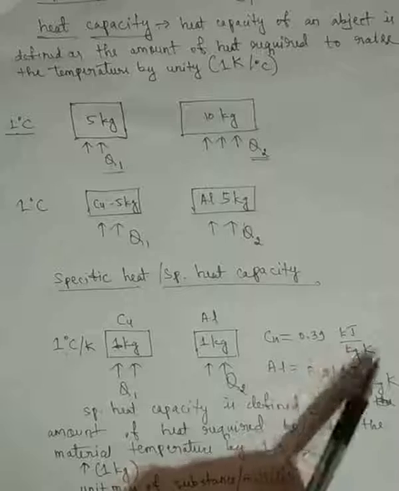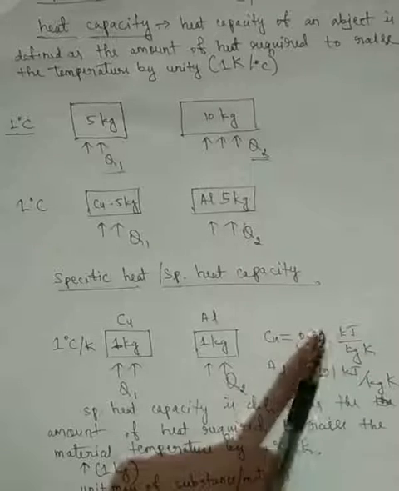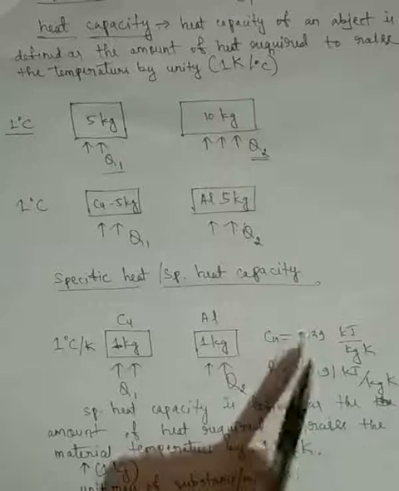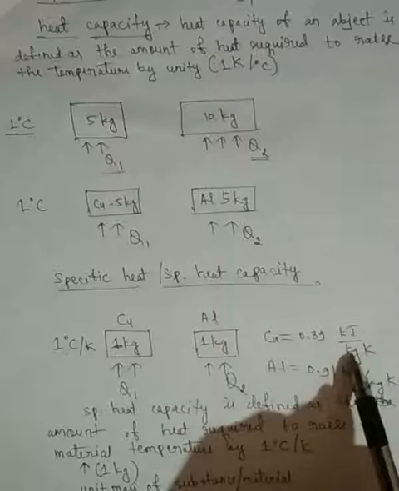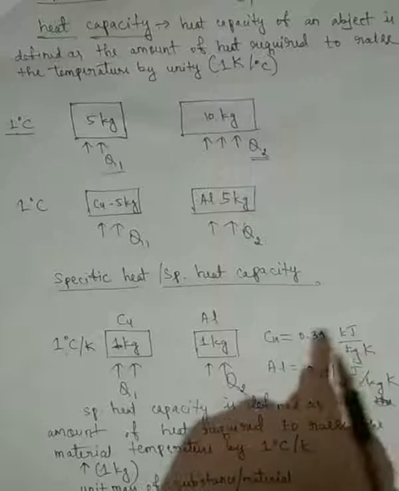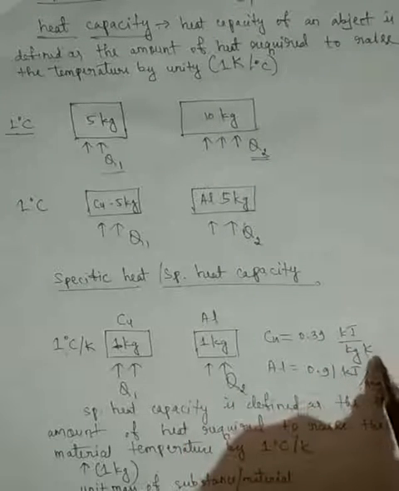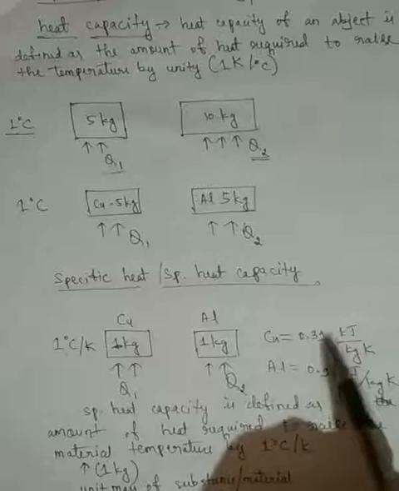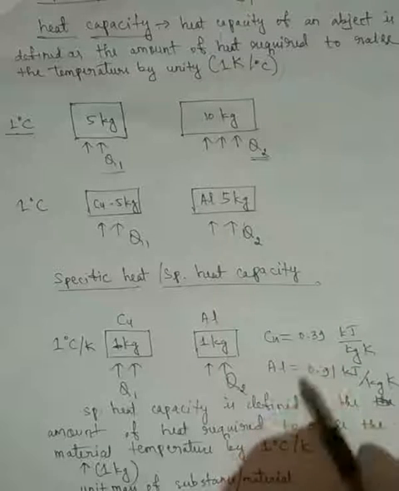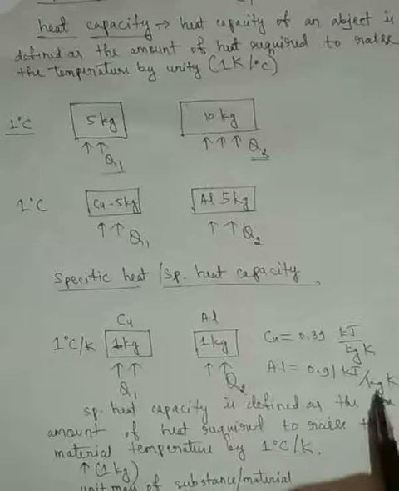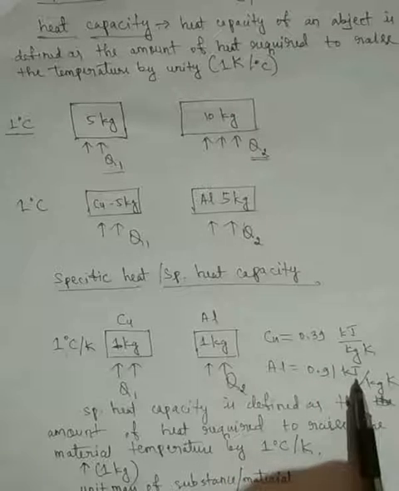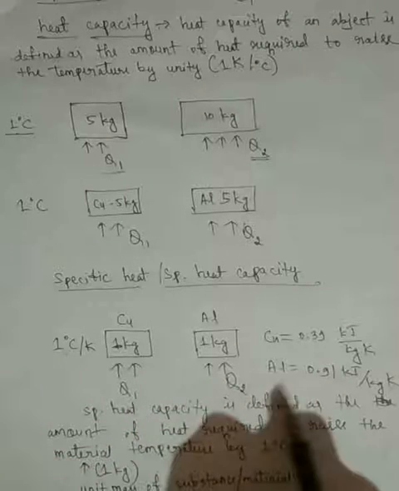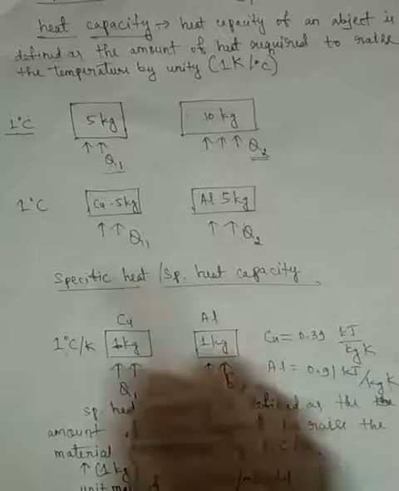To raise 1 kg of copper by 1 degree Celsius takes 0.39 kilojoules of heat, whereas for 1 kg of aluminium, raising its temperature by 1 Kelvin or degree Celsius takes 0.91 kilojoules of heat. This is how we can analyze specific heat.